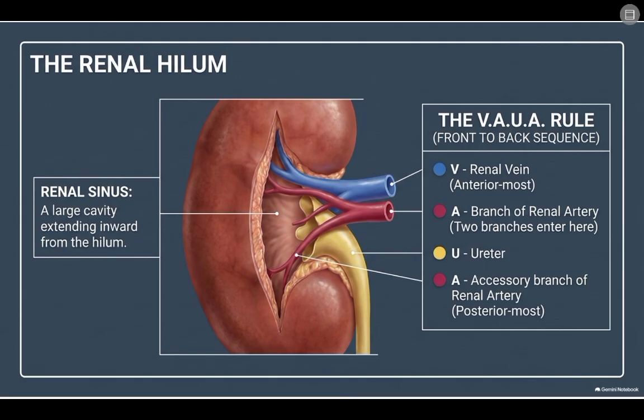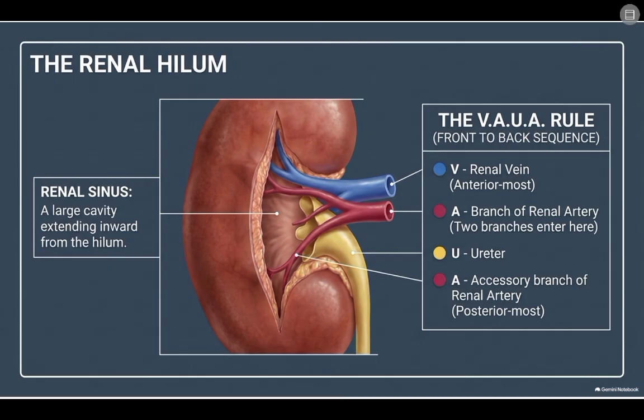V stands for the vein, meaning renal vein. A stands for the branches of the renal artery. U stands for the ureter or the renal pelvis. Then A stands for what? The accessory renal artery. The renal vein, the renal artery, the ureter, and the accessory renal artery.